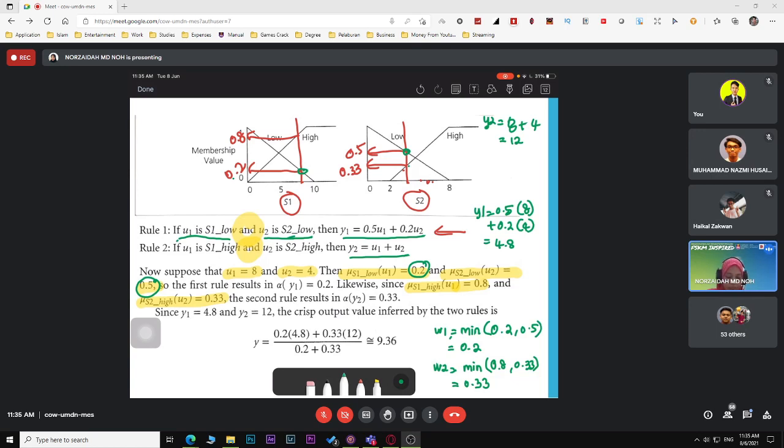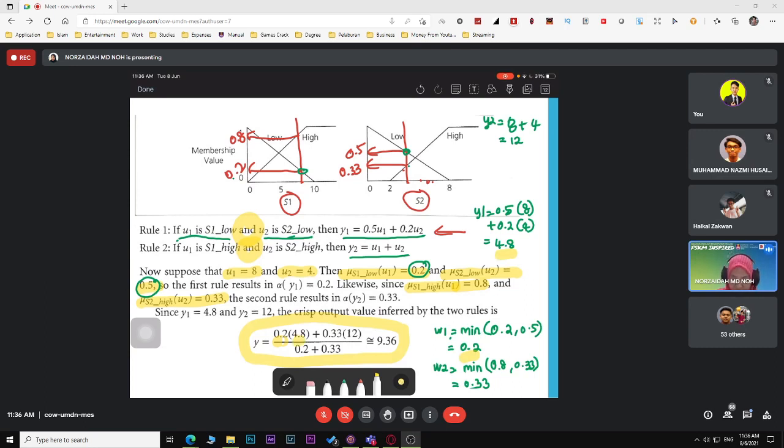Alright, so for the weighted average, the function is the weight multiplied by the value Y. W times Y, total up, divided by the total of W. So this is what you get here. If you look, this is W1, 0.2, multiplied by Y1, 4.8.